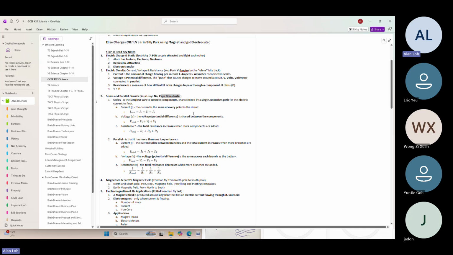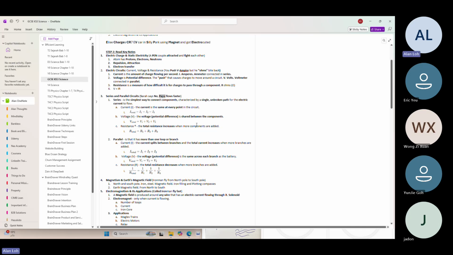Why does Sarah say no? Sarah is representing the series circuits. Papa is representing the parallel circuits, right? There are 2 different types of circuits, and series circuits is the one that not many people want to use because the design is not good.